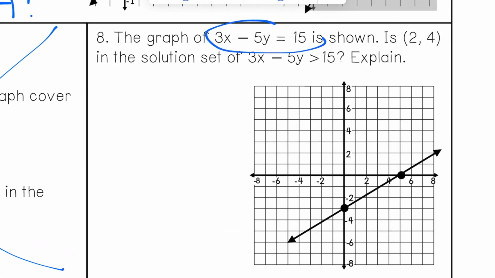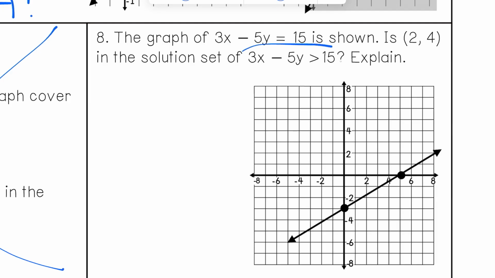And then, here we go. So now we've got this equation. They graphed it with an equal sign, keep in mind. They didn't graph an inequality, they just graphed the regular old line. Is (2, 4) in the solution set of 3x minus 5y is greater than 15?